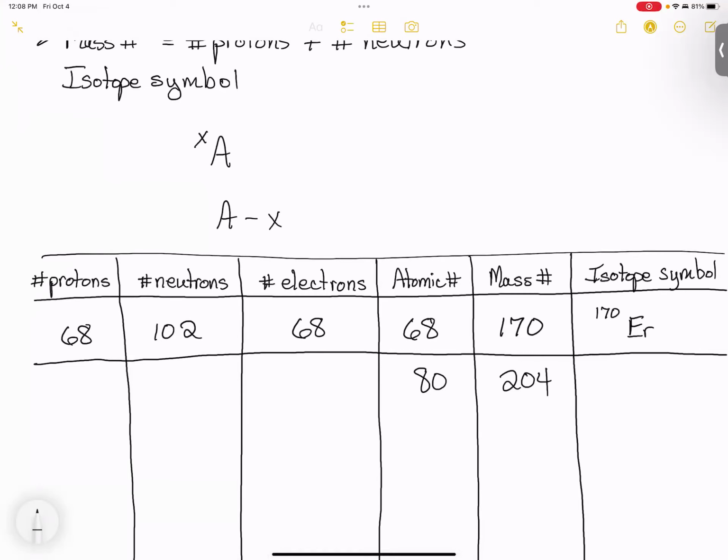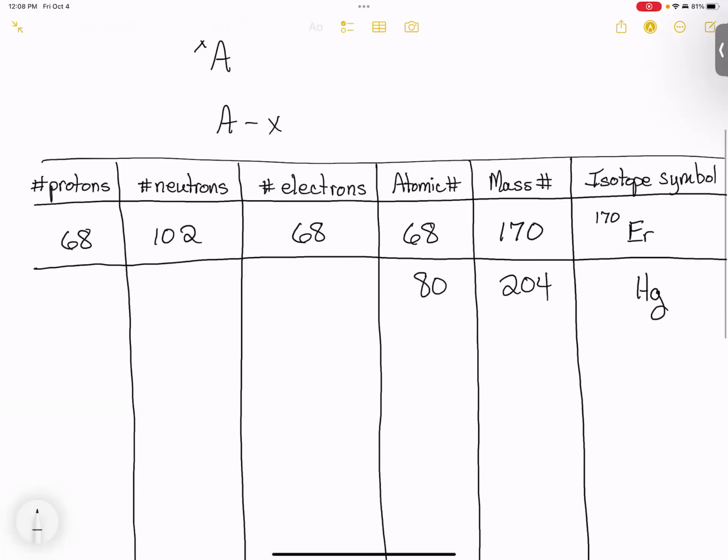So I go over here and I find number 80, which is mercury. What else does that atomic number tell me? The protons and the electrons.